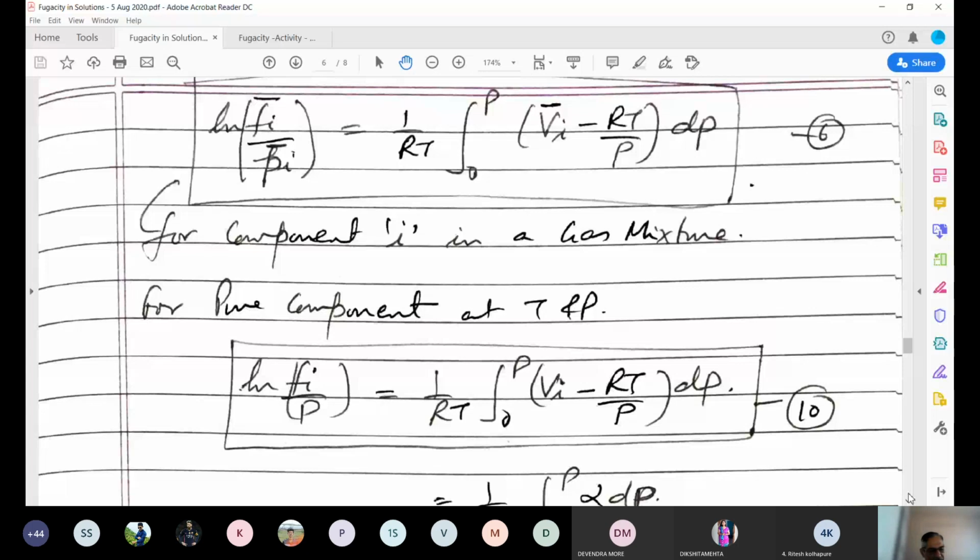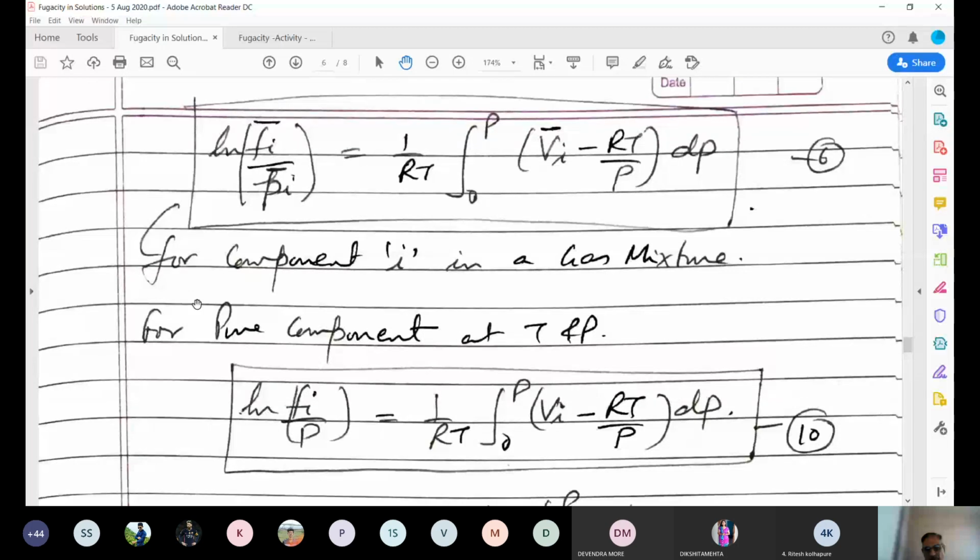Yes. In equation 10, should it be ln Fi by Pi or P? It is pure component. Pure component there is no Pi. Pure component there is no partial pressure. It's total pressure only.